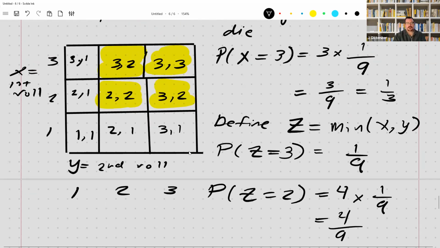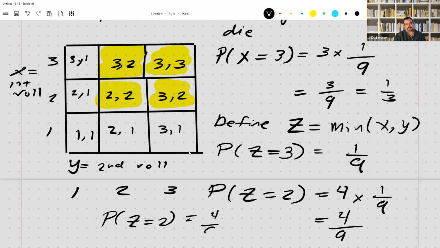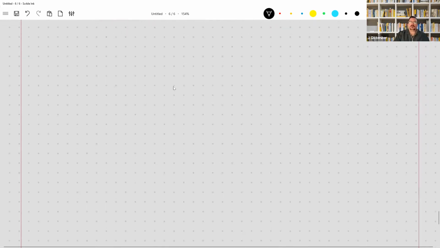So the probability that the smallest of the 2 dice is 2 upon rolling them is 4 over 9. This is how you can calculate discrete probabilities. But what about if you have continuous?